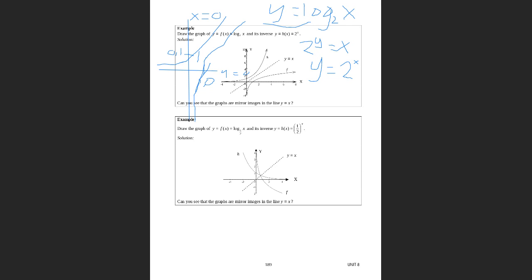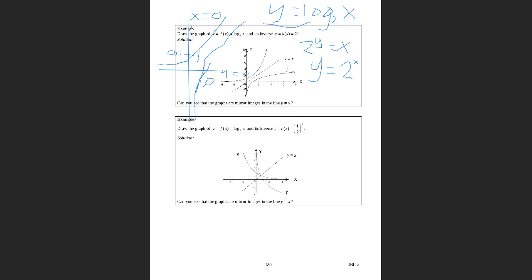So the original graph is always the basis of everything. Once you can get your original graph, you can get so many byproducts from it.